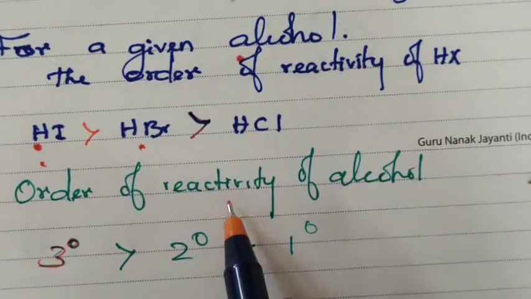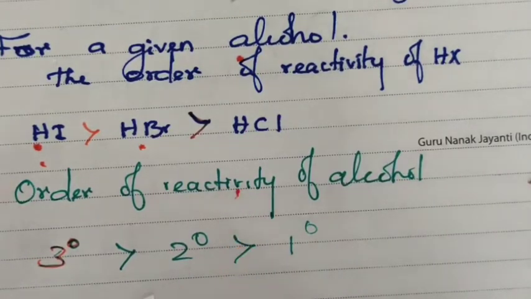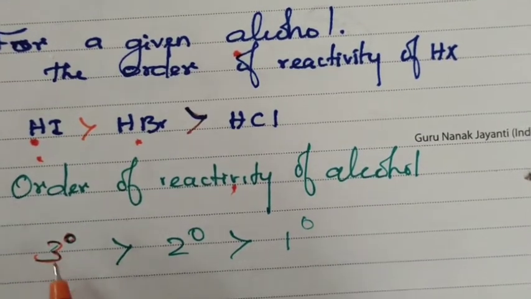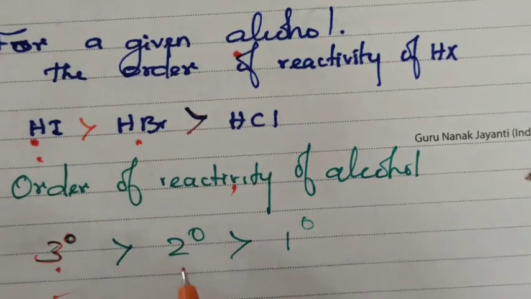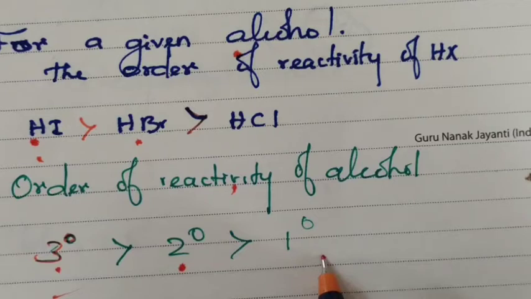For a given hydrogen halide, the order of reactivity of alcohol is: tertiary alcohol is more reactive than secondary alcohol, and secondary alcohol is more reactive than primary alcohol. That means when we add anhydrous zinc chloride with a given hydrogen halide to a primary alcohol, the reaction is very slow.